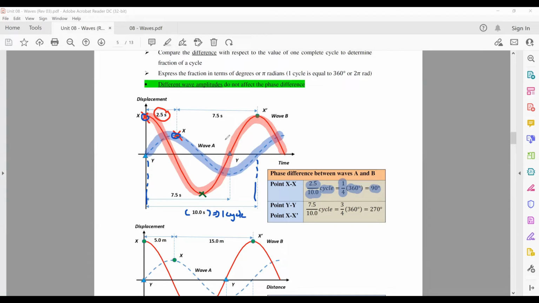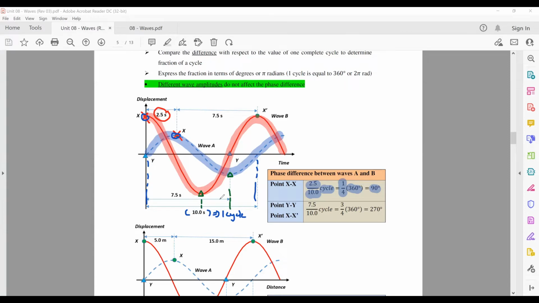I could pick this position and also this position. I pick the trough position for wave A, the red colored wave, and then I pick the trough position for the blue colored wave also. These are also the two similar points.